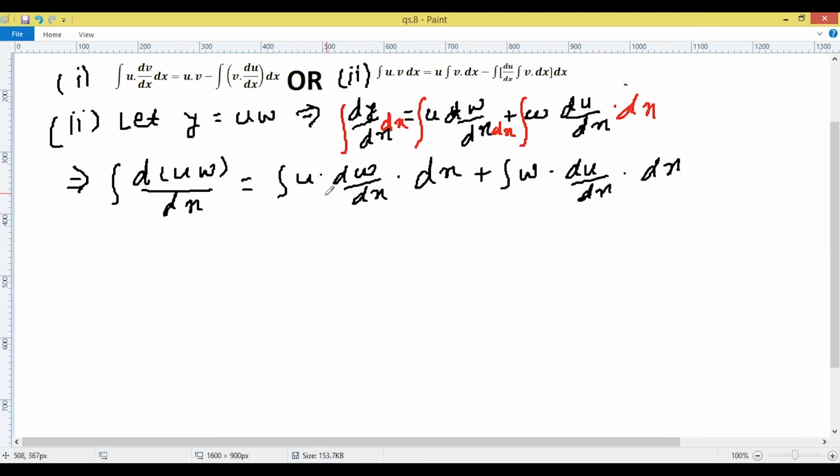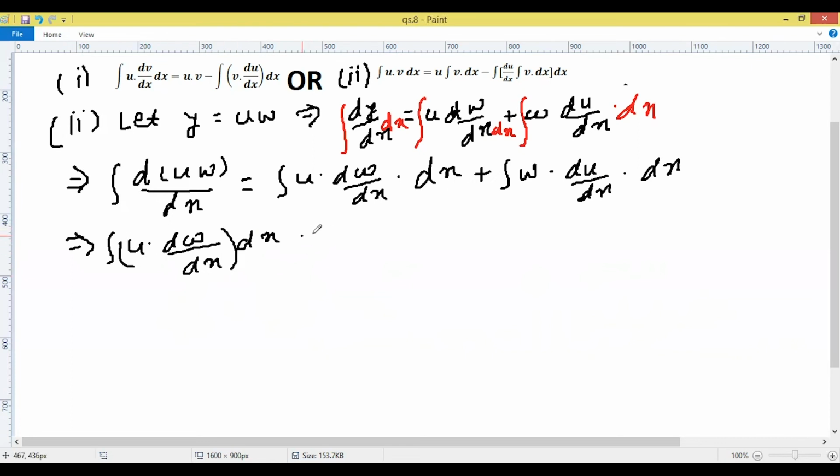Now keep this term to the right side and everything towards the left side. So algebraically I can get here u dw by dx and whole dx. You can keep it in brackets also if you like.